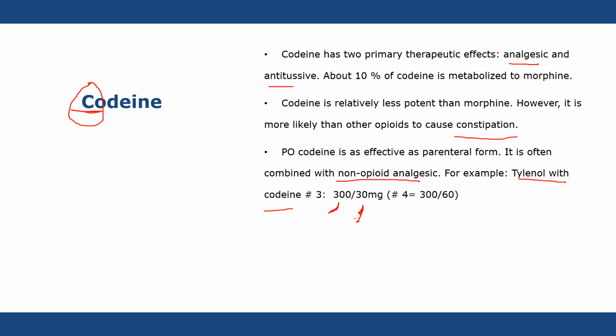The first part is always acetaminophen, and 3 is telling you that you have 30 milligrams of codeine in it. And if it's a Tylenol number 4, the first part is always acetaminophen, and that number does not change. So acetaminophen is still 300. The 4 is telling you that it's not a 30, it's a 60. We doubled it. Okay, so just remember that part. The first part is acetaminophen that remains at 300. Number 3 simply means 30 milligrams, and number 4 means 60 milligrams.